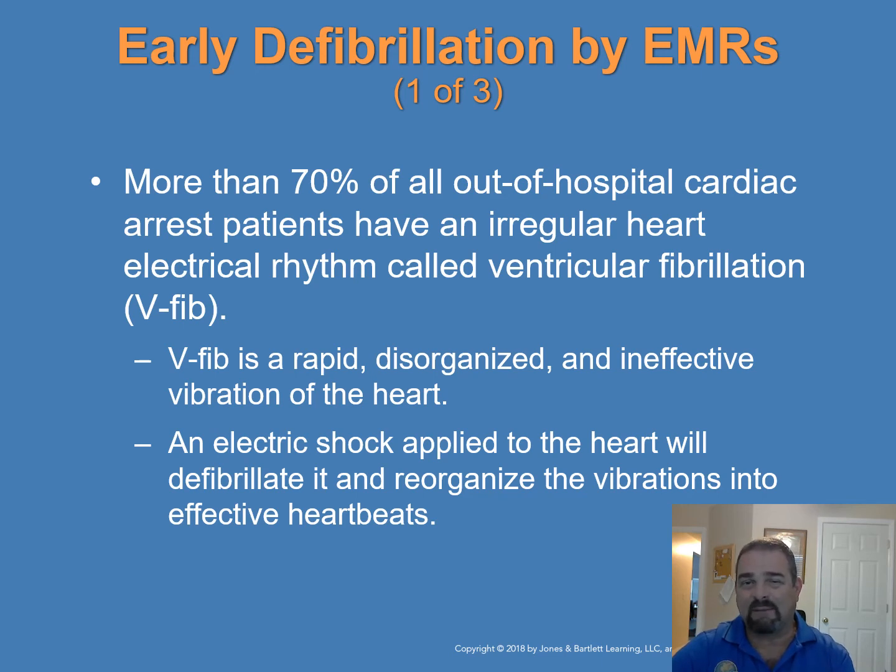It is a rapid, disorganized, ineffective vibration of the heart, plain and simple. Electrical shock is applied to the heart in these cases. It's called defibrillation, and hopefully it reorganizes the vibrations into effective heartbeats. A patient in cardiac arrest stands the greatest chance for survival when early defibrillation is available.